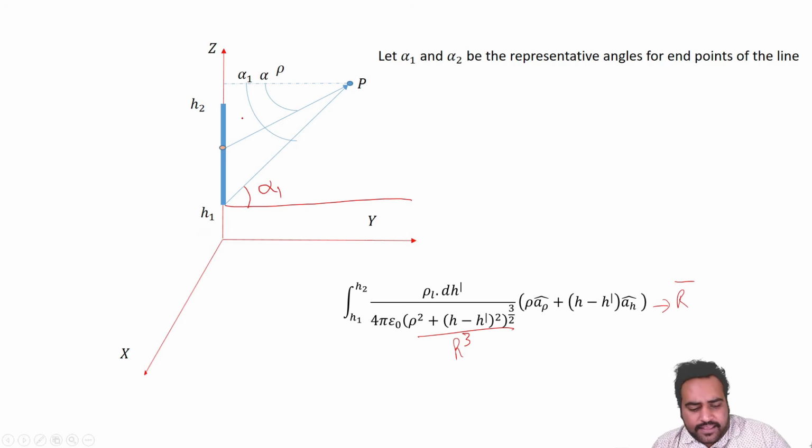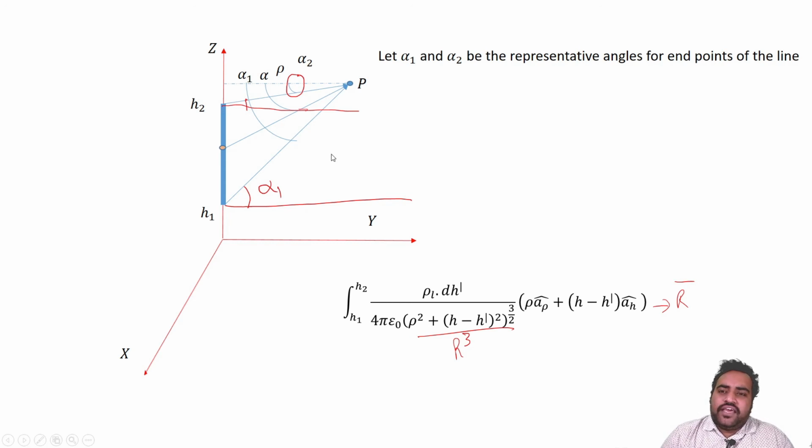Similarly, the vector joining h2 to the test point is making alpha 2 with rho arrow cap. Again, you may understand that this is not making an angle there. This is making an angle here, but this angle and those angles are the same because they are interior alternate angles.